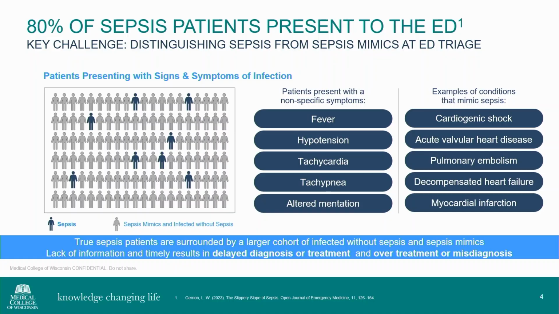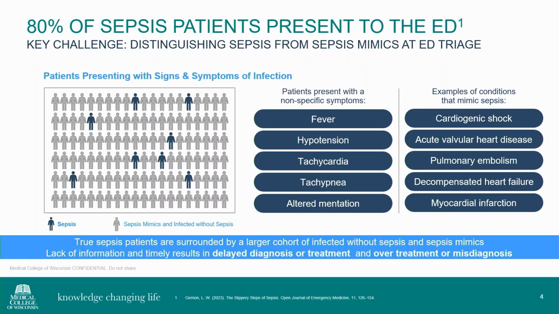And when we think about symptoms of sepsis, fever, hypotension, tachycardia, tachypnea, altered mentation, it's a fairly common and nondescript set of symptoms. It can be associated with things like cardiogenic shock, sepsis, pulmonary embolism, heart failure, as well as myocardial infarction.